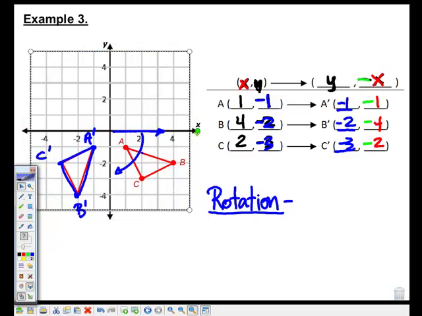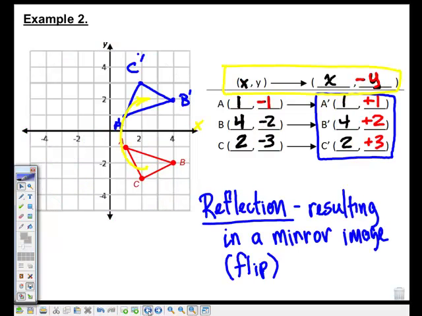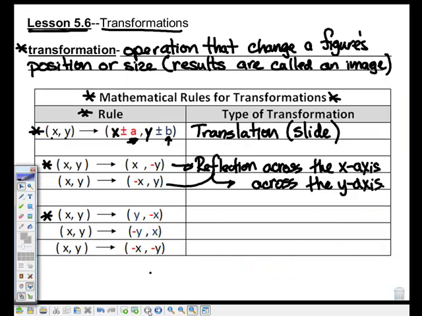So if we go back to the original sheet as far as our rules, the first rule we have listed here will give us a rotation. All of these will give us rotations. Okay, they all give you a rotation. The top one gives you a rotation of 90 degrees clockwise.